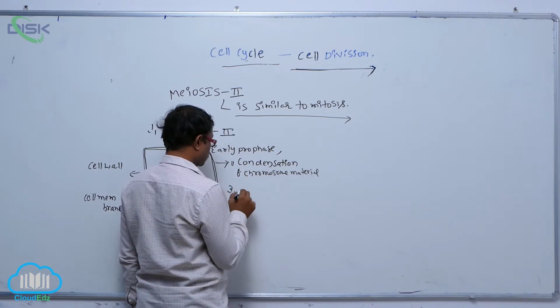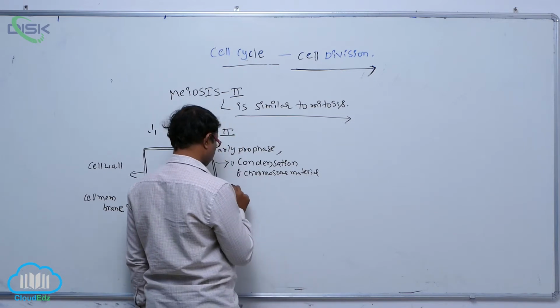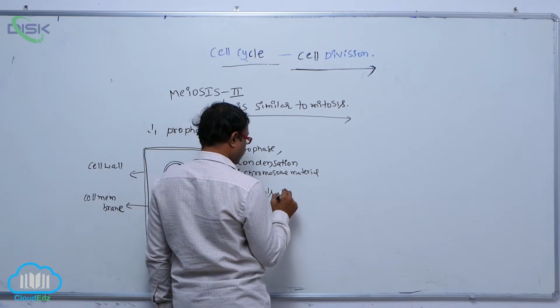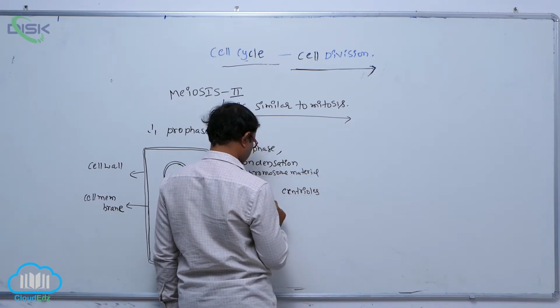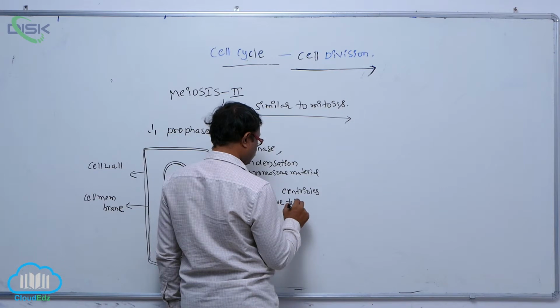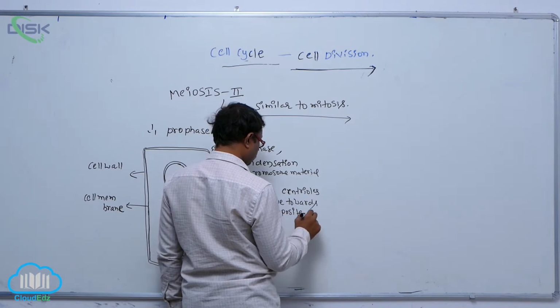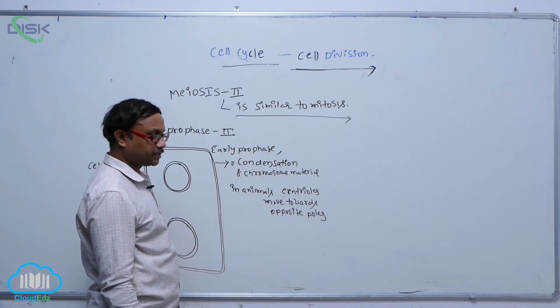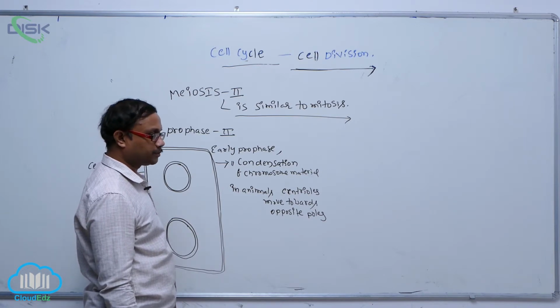After that, in animals, centrioles move towards opposite poles. Condensation of chromosome material means chromosomes become short, and in animals centrioles move towards the opposite poles.